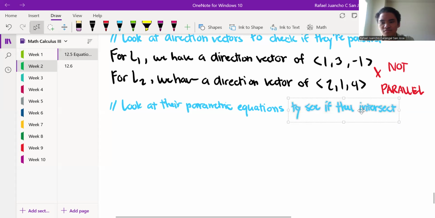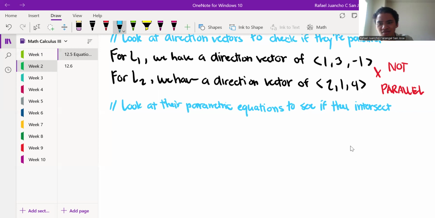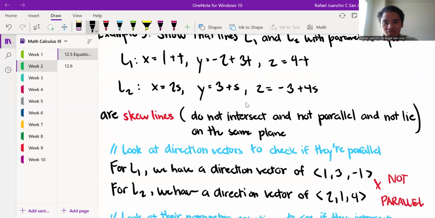All right. There we go. To see if they intersect. Okay, so for the x, we're going to equate those. For the y, we're going to equate those. For the z, we're going to equate those. Right?